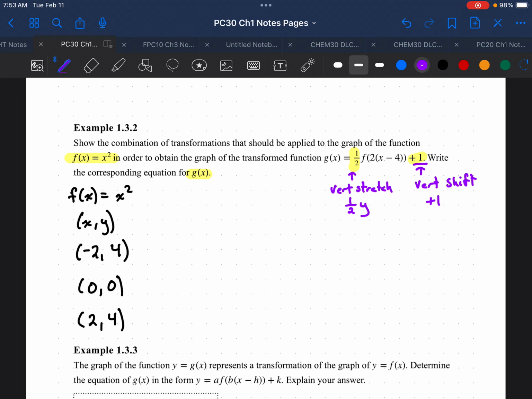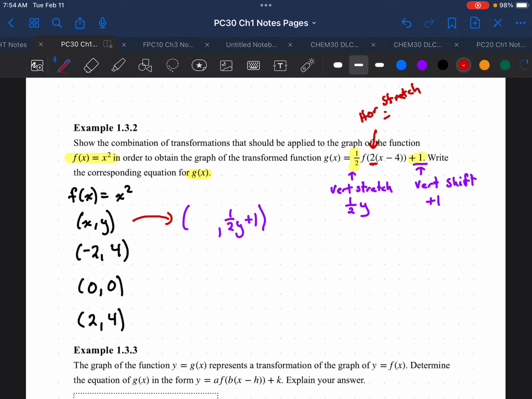In our new one, it is going to come over and we are going to get 1/2 y + 1. Now, when we look here, this is a horizontal stretch. And because it's with the x value, we do the opposite.